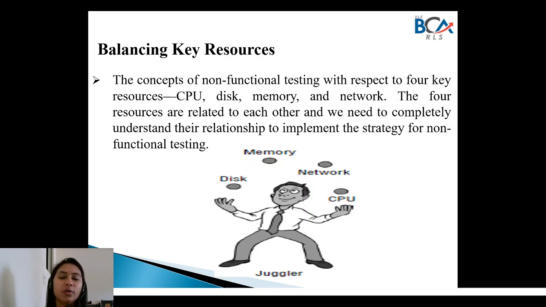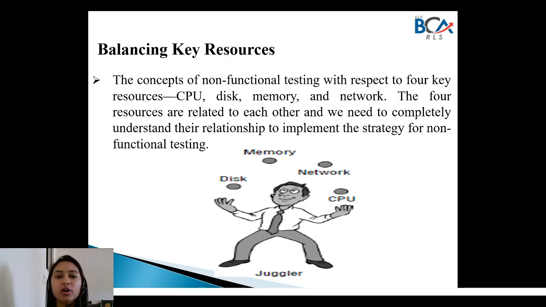He is switching between the components and trying to find out what is there, moving on between the components, just like how your computer works within these components and its operations are seen one by one. The concept of non-functional testing is with respect to these four resources, which are related to each other, and we need to completely understand their relationship to implement the strategy of non-functional testing.